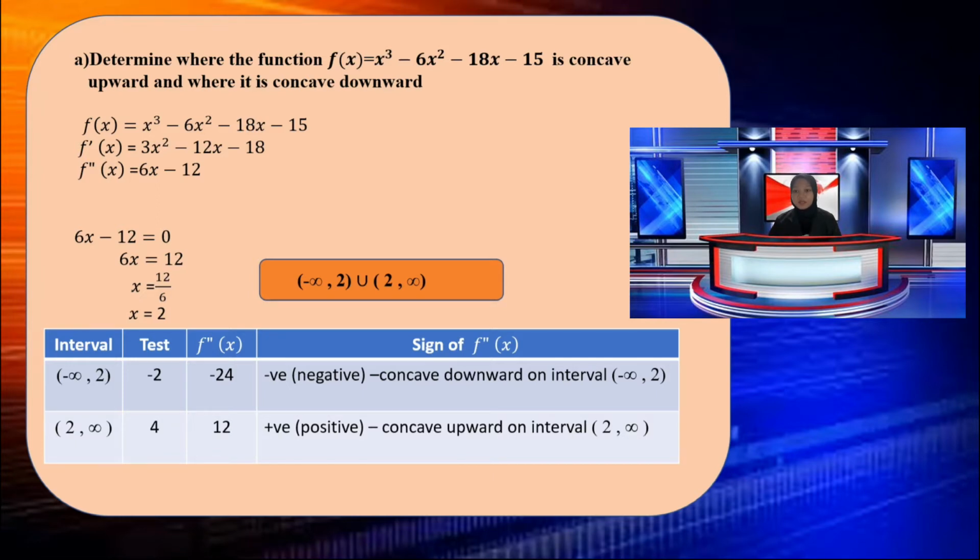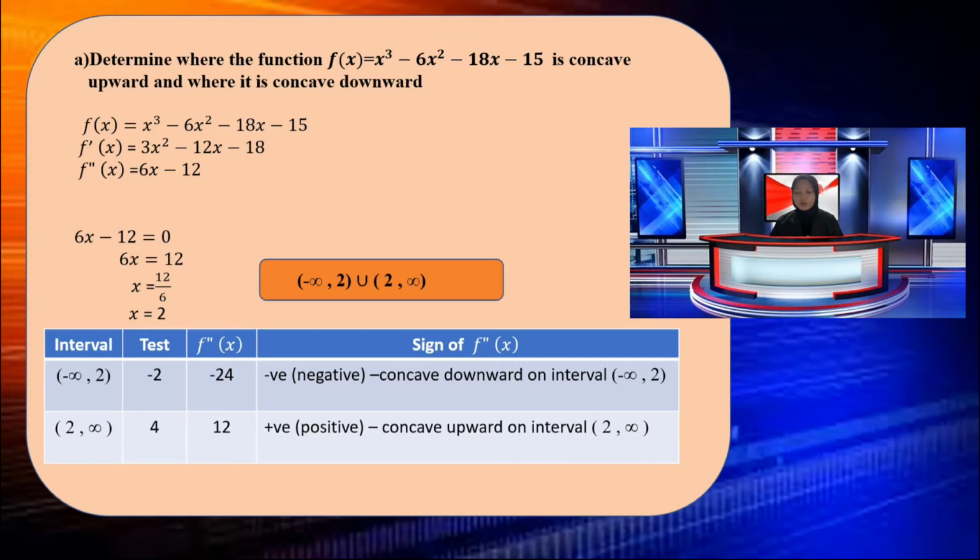Then we substitute negative 2 in the second derivative of f(x), and we get negative 24. Here we know that it was a negative sign of f double prime x, and this shows that it is concave downward on the interval negative infinity to 2.